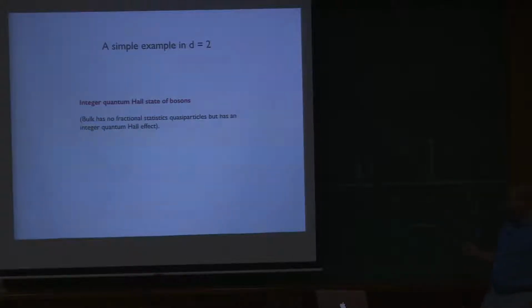Okay, so I'm going to talk about a very simple example in 2 dimensions. Some of this may actually be accessible to experimentalists. I'm going to ask the following question. Can bosons show an integer quantum Hall effect?